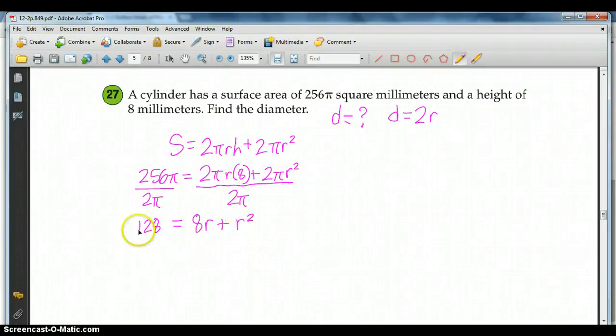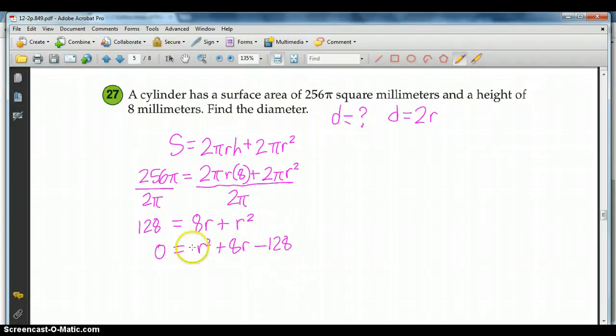From here, we notice that we have a quadratic equation, so we want to get it into standard form, which means that we want our r squared term to be first, and then our r term. And we want to bring this constant term over to the other side, so we're going to subtract 128 from this side and 128 from the other side.